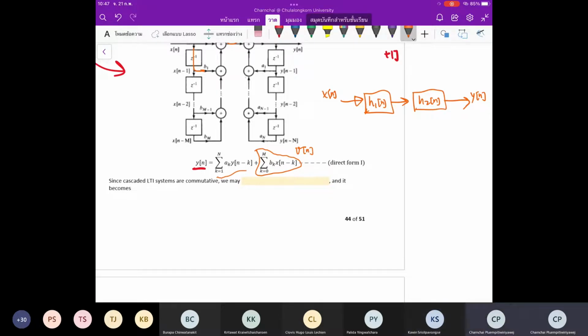The whole system is a convolution, so you have H1 convolved with H2, which is the moving average convolved with the autoregressive, but it's also equal to H2 convolved with H1. That means you can interchange.